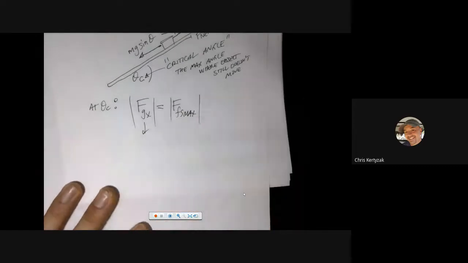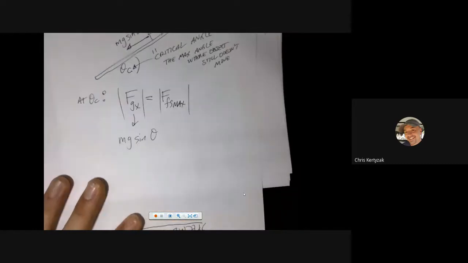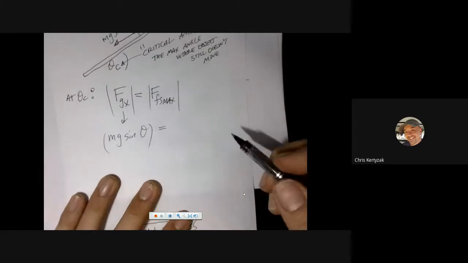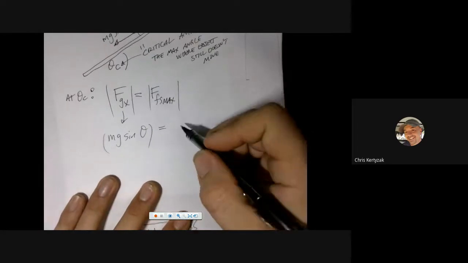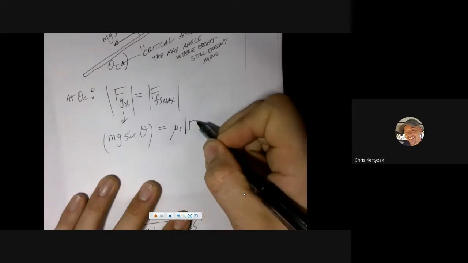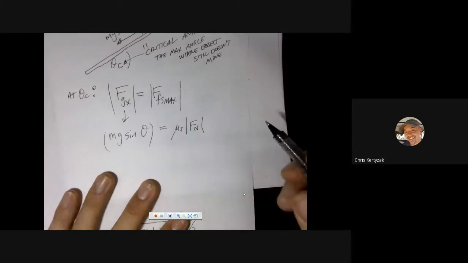What is the equation for F_gx? mg sine theta, because we stored that to our memory. What is the equation for the static friction force? The coefficient of static friction times the normal force. Store that to your memory if you haven't already.